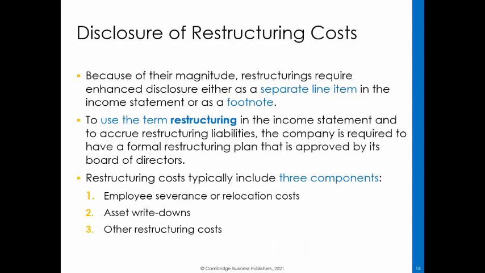Because of their magnitude, restructurings require enhanced disclosure, either as a separate line item in the income statement or as a footnote. Restructuring costs typically include 3 components: employee severance or relocation costs, asset write-downs, and other restructuring costs.